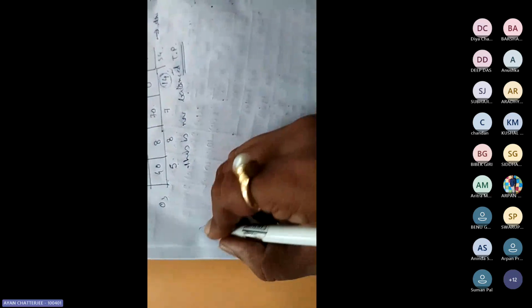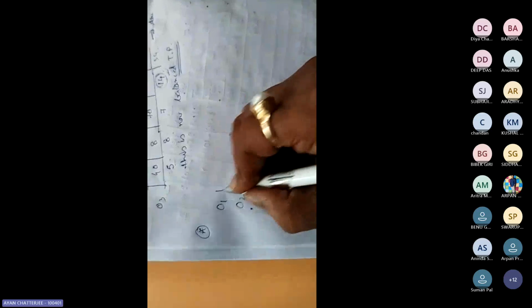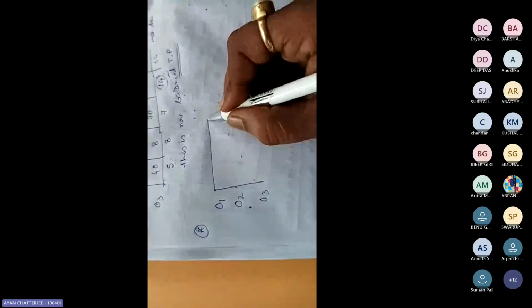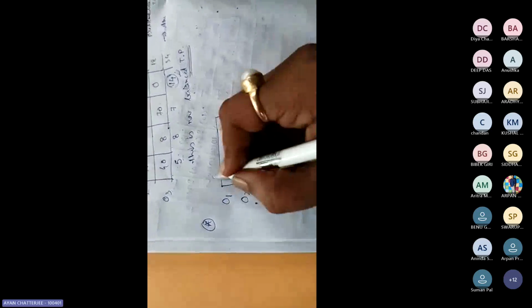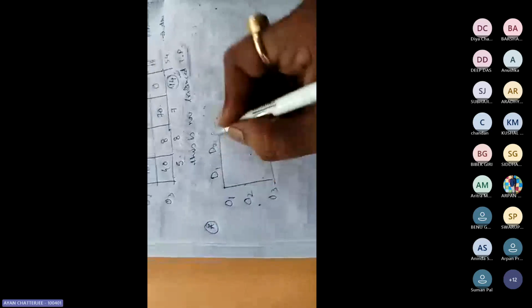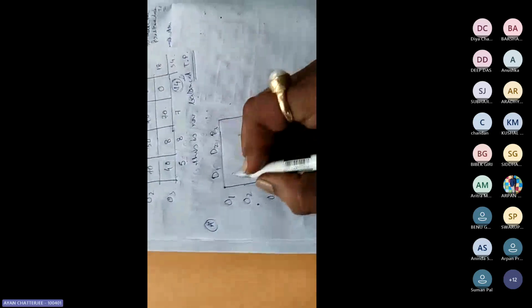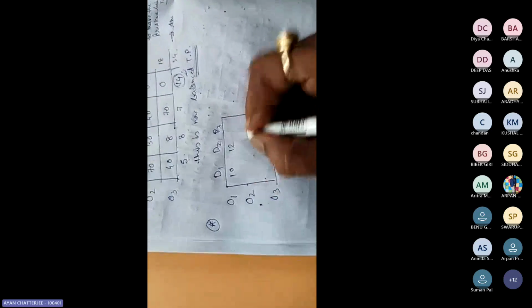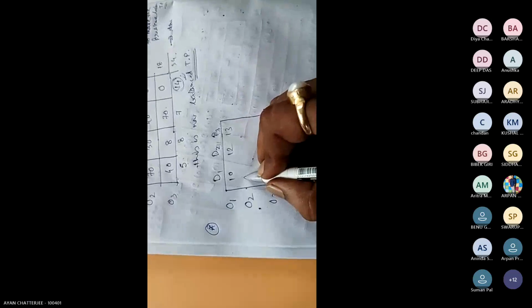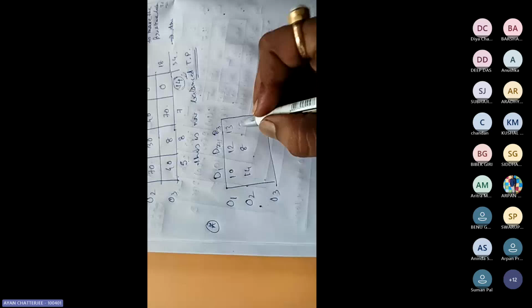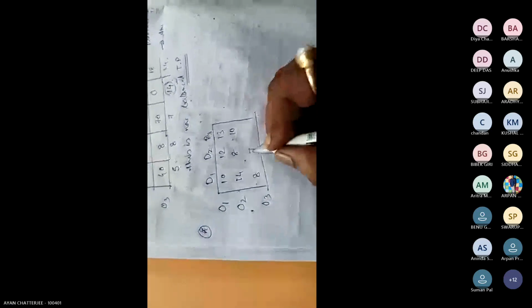And in some cases you may get it like this way, that you got O1, O2, O3 factories are there, and corresponding to that D1, D2 and D3, three demands are there, right? The values are like 10, 12, 13, 14, 8, 10, 8, 7, 12.